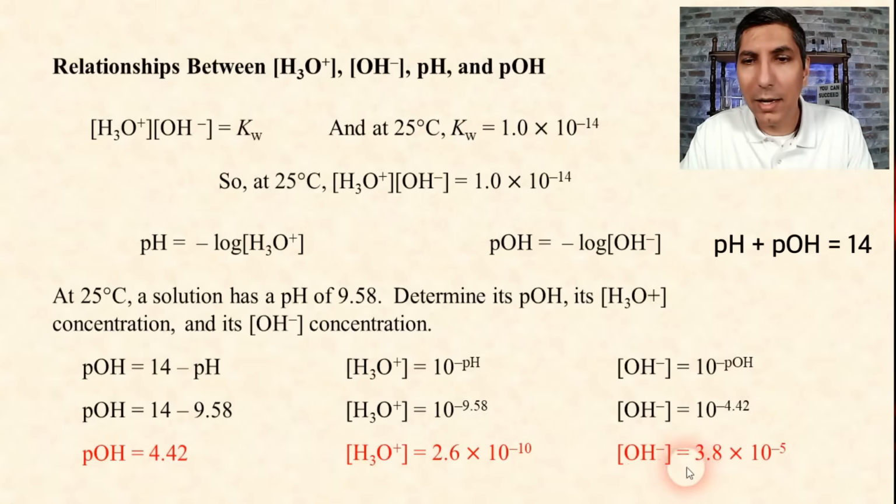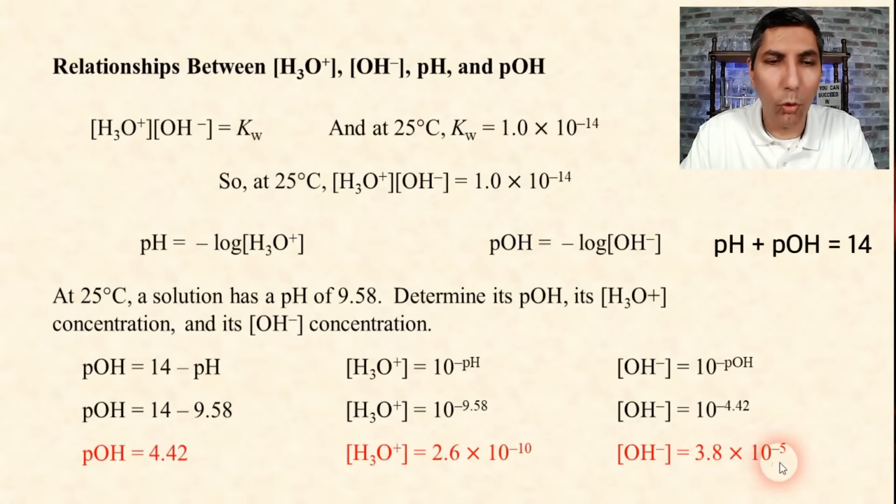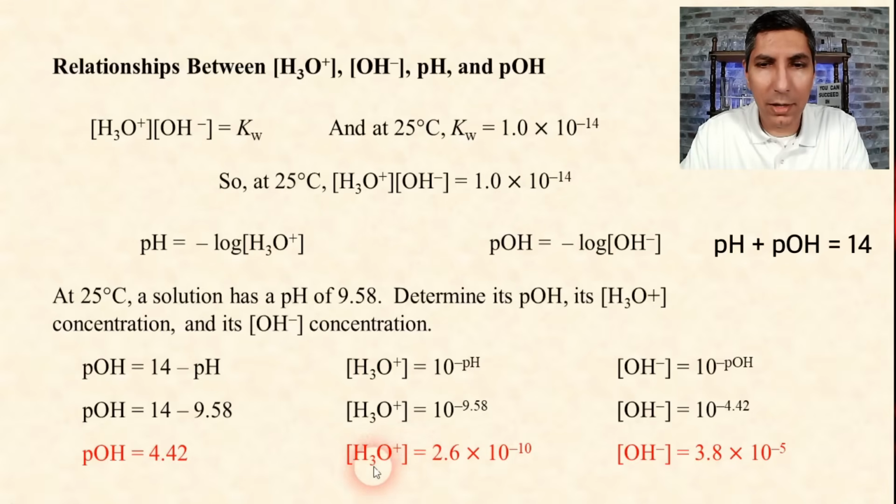And so the hydroxide is equal to 3.8 times 10 to the negative fifth moles per liter. So moles per liter are the units on both of those. Now, just to check your work, if you take the hydronium ion concentration times the hydroxide ion concentration, you should get a number that's very, very close to 1 times 10 to the negative 14th.